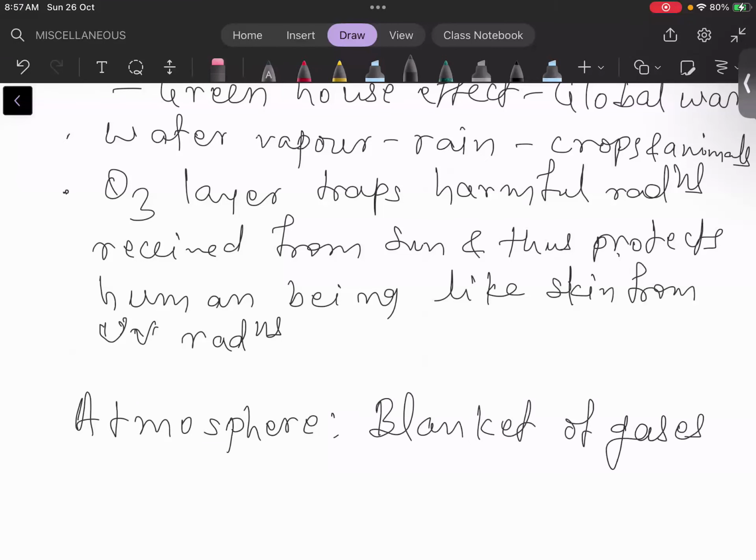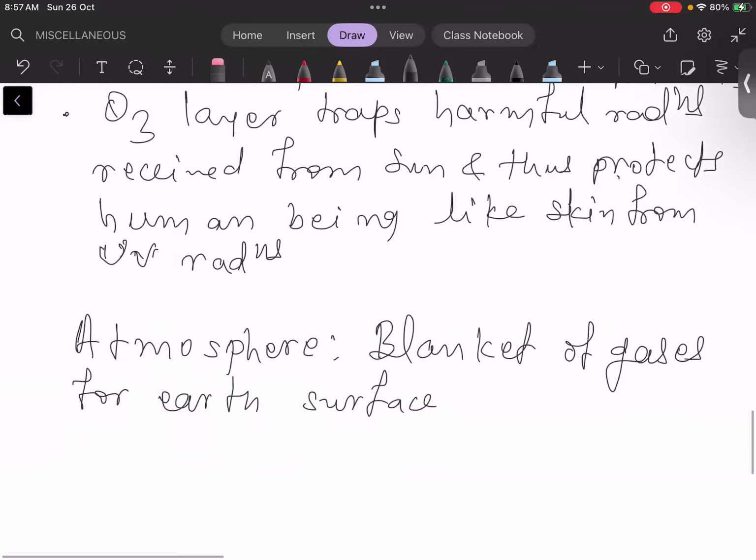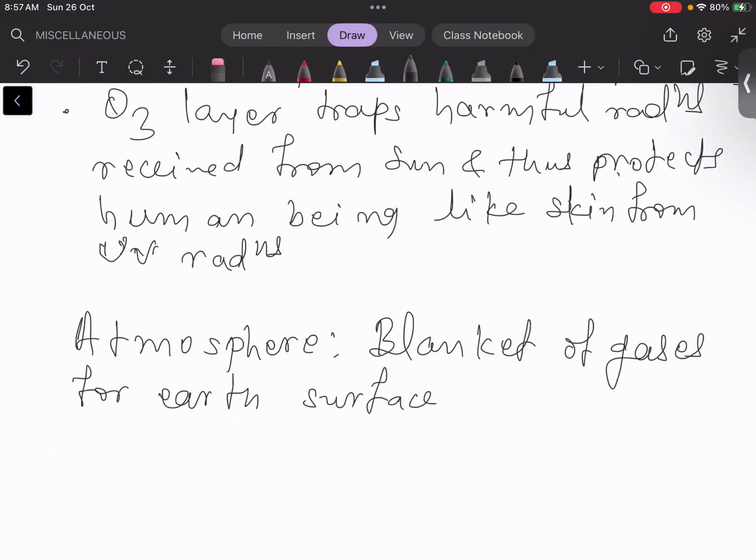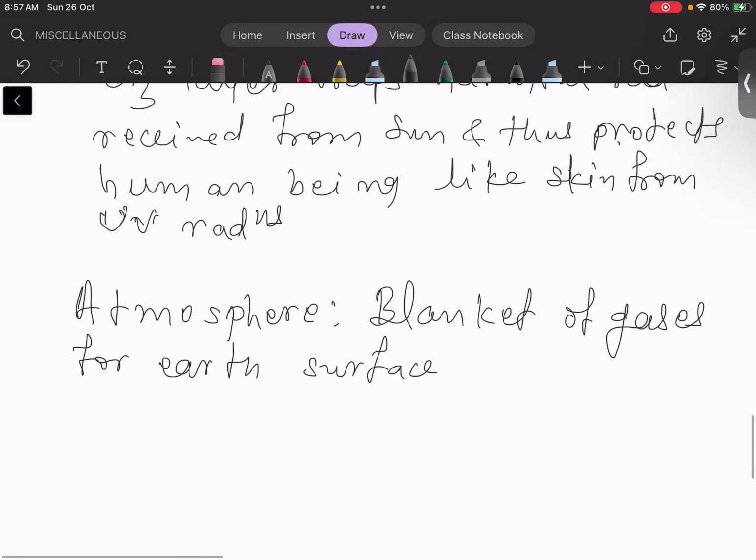It keeps the Earth's temperature constant during daytime and even during the course of the whole year.